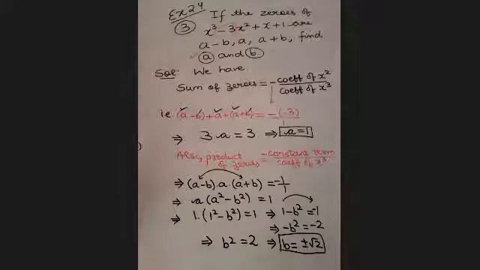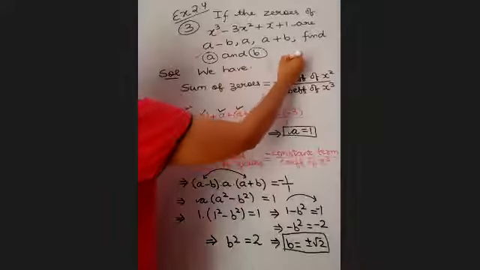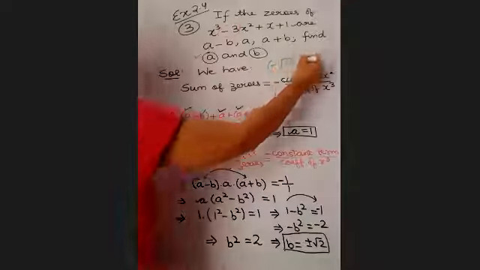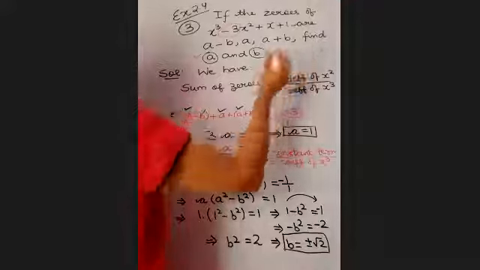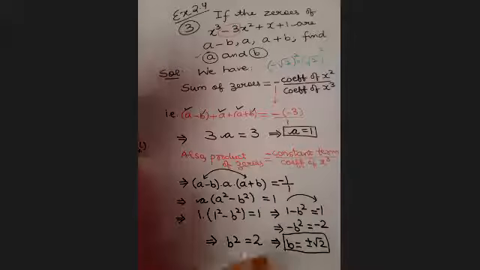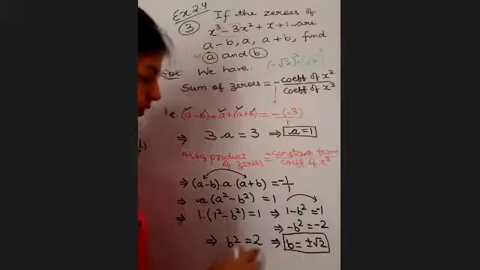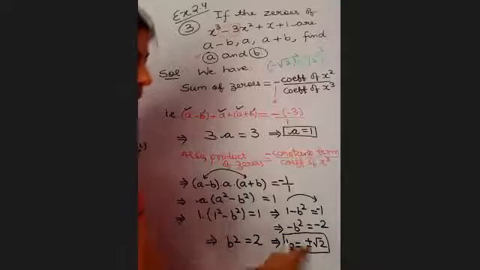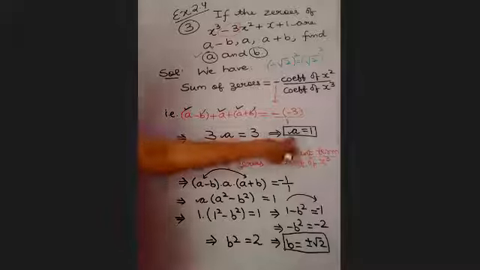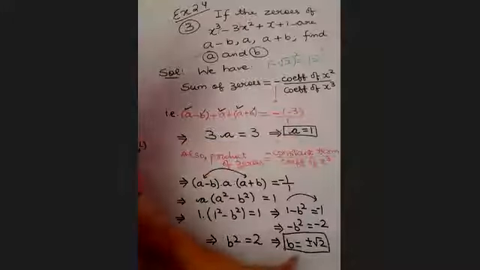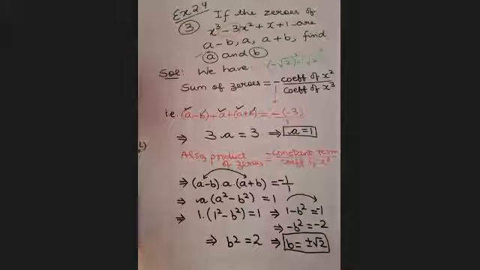In both cases the answer will be 2. So when we are given that b square is equal to 2, we do not know whether b is plus root 2 or minus root 2, so both values will be taken. So here we get a equal to 1 and b equal to plus minus root 2.